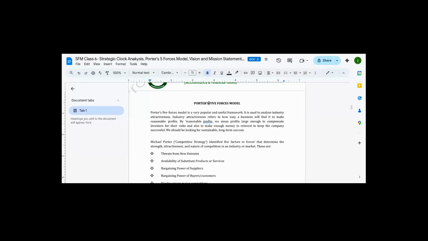Okay, let's look at Porter's 5 forces model. What you should know here is that this model is used to analyze the degree of competition in the industry or market. With the model too, we use it to analyze the attractiveness of the industry.